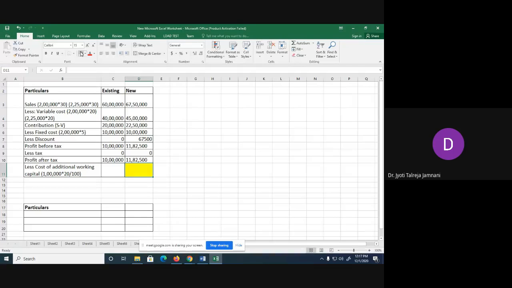Now remember, it is additional working capital. So we are not going to take it in existing. We are only going to take it in new, because only when we are doing the new sales, we are incurring this cost of additional working capital. Okay. Now there is one more thing that we have to less, that is cost of additional investments, for which we do working note.